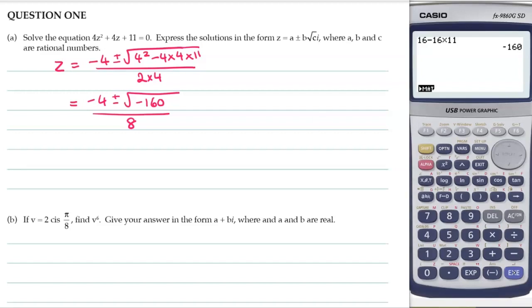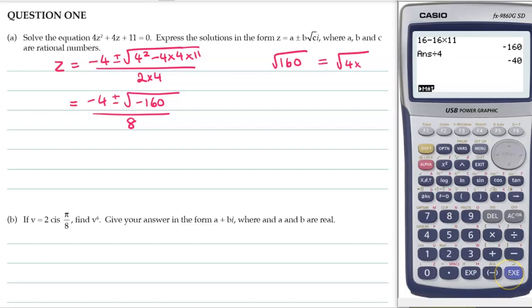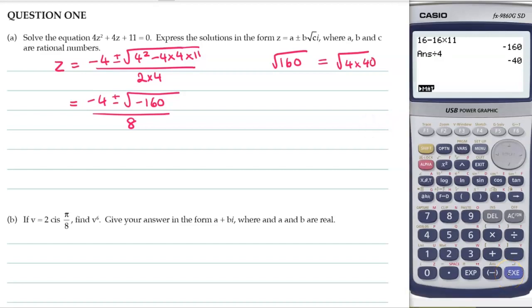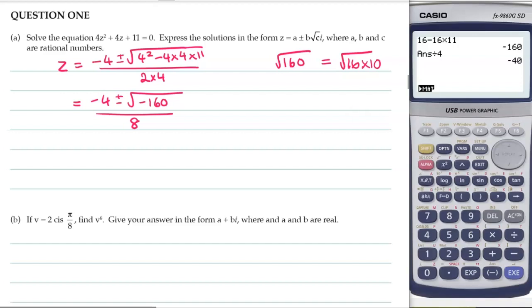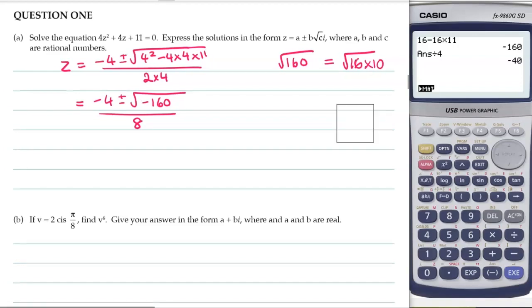Now, the square root of 160, we can turn that into, we could take out a factor of 4 there. So that would be 4 times 40. Actually, I can go one better. We can take out a factor of 16 from that. It'd be 16 times 10, because we always want to look for the highest square number that we can.